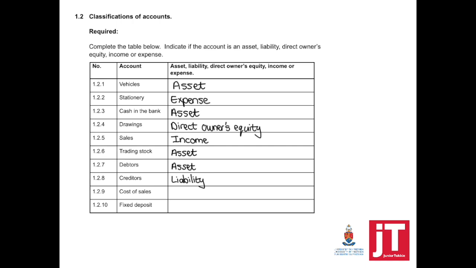Cost of sales is the cost of the goods that we have sold. And that is regarded as an expense to the business. It's going to decrease my income. Remember, when I'm selling goods, sales is involved. We've received an income. But that selling of goods cost us money.